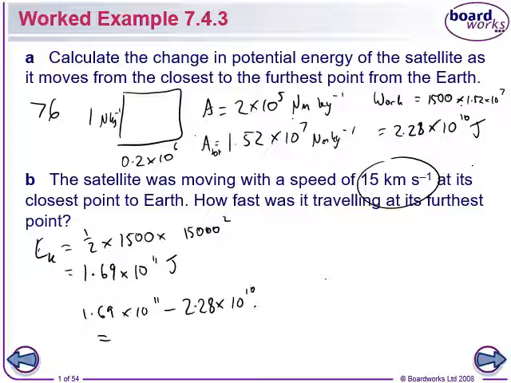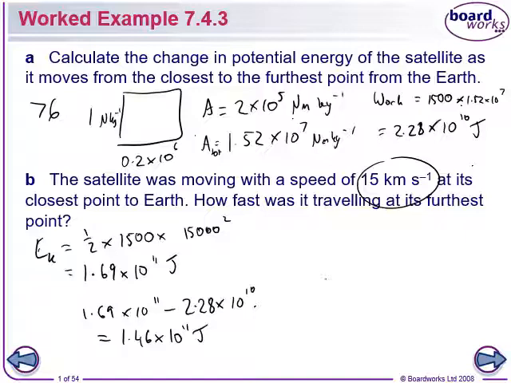Anyone got it? 1.46. Thank you very much. It sounds about right. 1.46 times 10 to the 11. So that is its kinetic energy at its furthest point. Okay? It's lower than its kinetic energy at the closest point, which we would expect. It passes the common sense test.